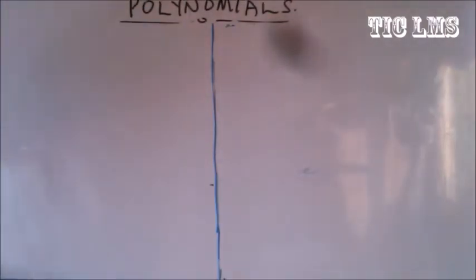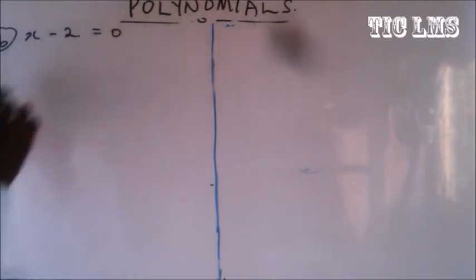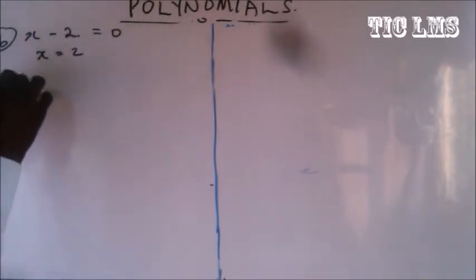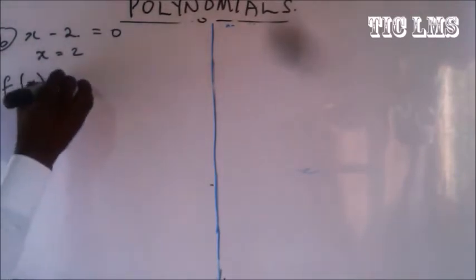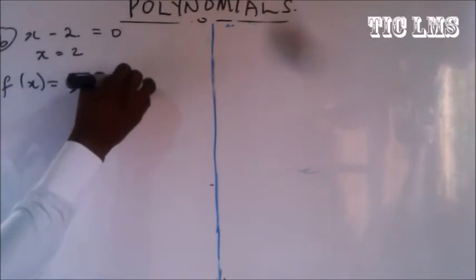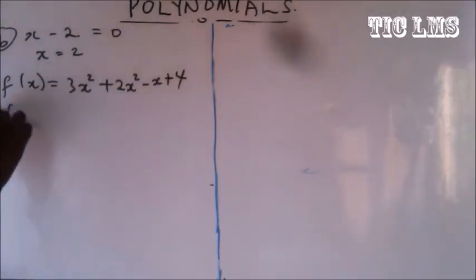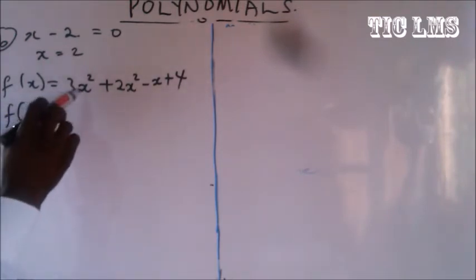Alright, so the B part says we have x minus 2. So we equate this to 0, and so we have x equal to 2. Now, our f of x for the question equals 3x cubed plus 2x squared minus x plus 4. If our x is 2, we will substitute x as 2.